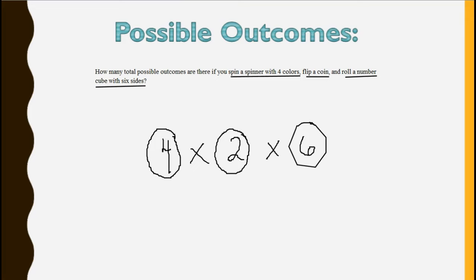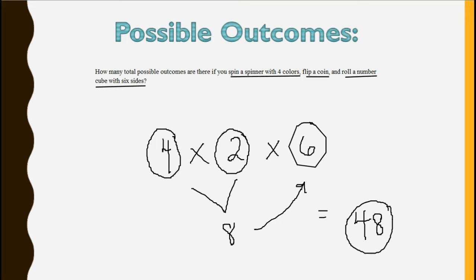So 4 times 2 is 8, and then 8 times 6 is 48. So there will be 48 total possible outcomes just by multiplying the number of outcomes from each event. All right, so that's an important skill to have to be able to solve probability questions, because you have to know how many possible outcomes there are in total.